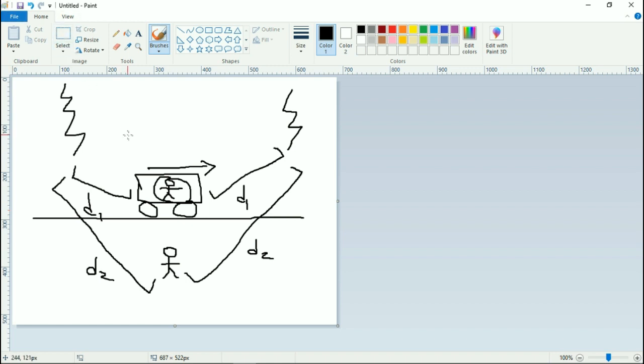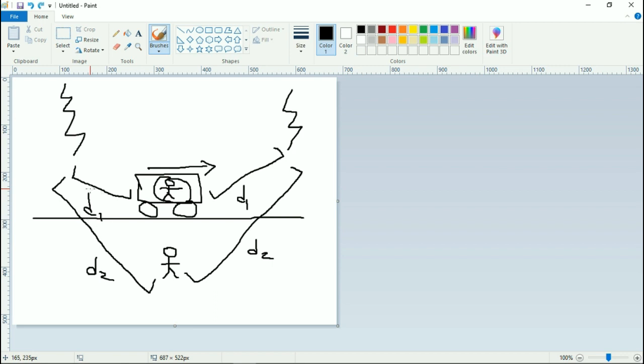In this amount of time, this train car has moved a little bit to the right. It's not anything that a human would actually notice, but technically, because this train car has moved a little bit to the right during the time it takes for the light from the lightning bolts to get to him, this distance is actually not going to be the same as this distance over here, by the time the light actually gets to the person.